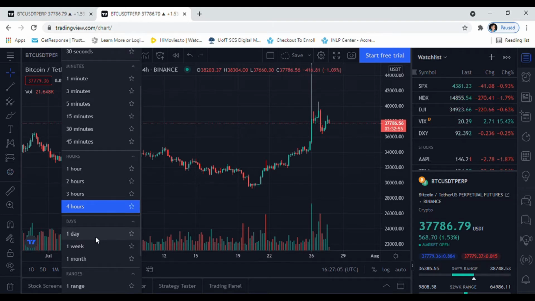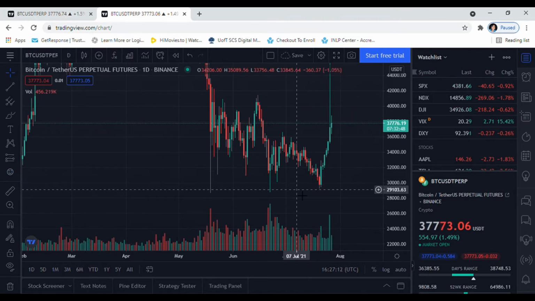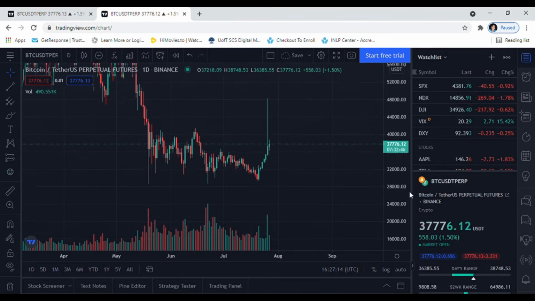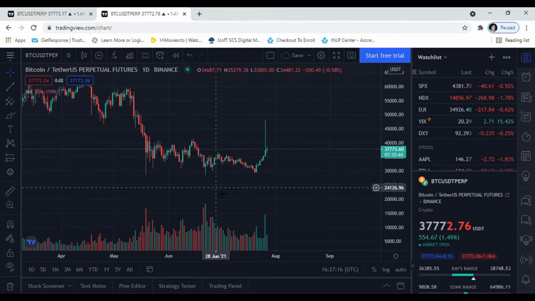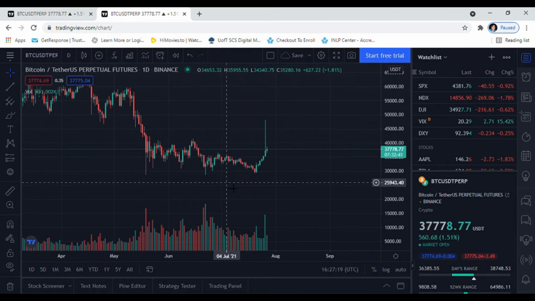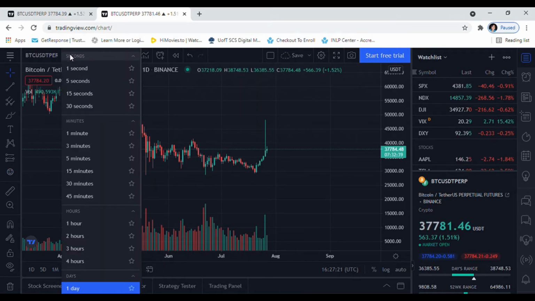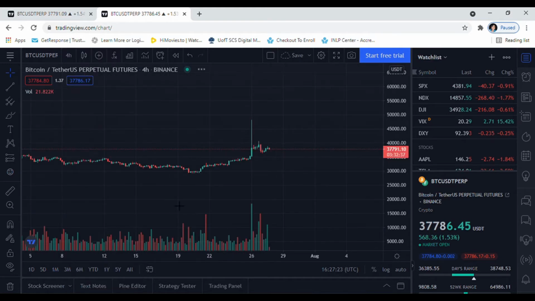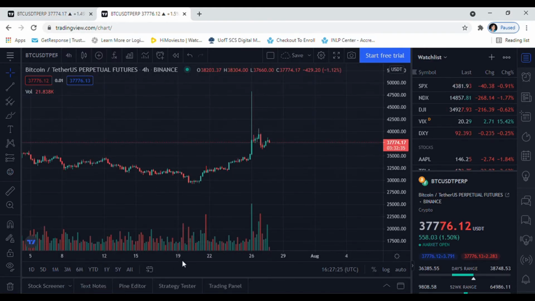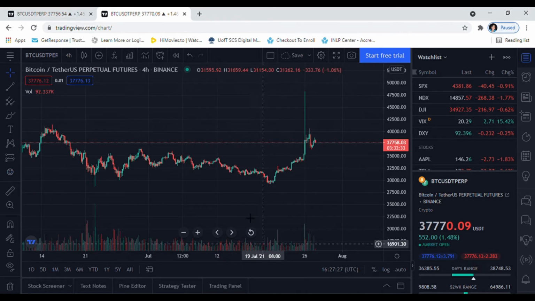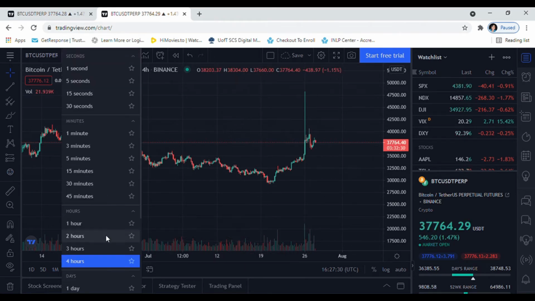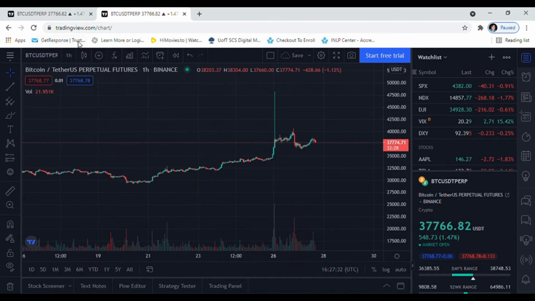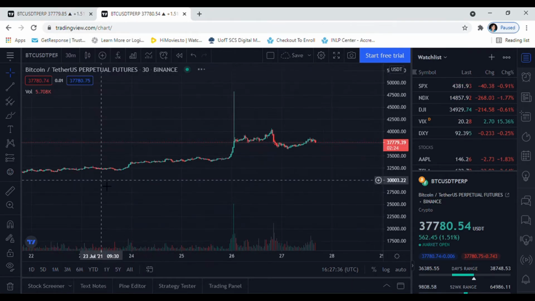Ideally, I would say start with the 1 day time frame and then move on. So with the 1 day time frame, you look at it and try to determine what trend the market is in, and then you move on to the 4-hour time frame to see what is really happening, then go to the 1-hour time frame, and the last time frame I would suggest is the 30 minutes time frame.